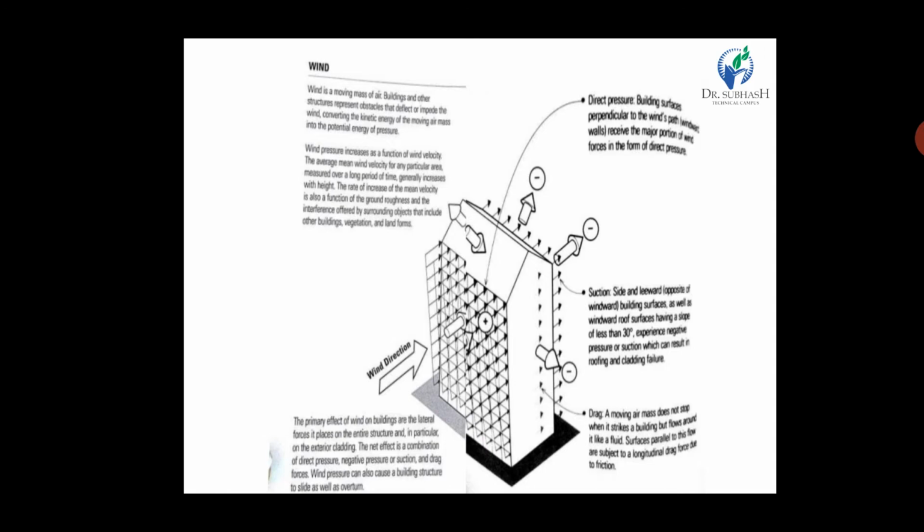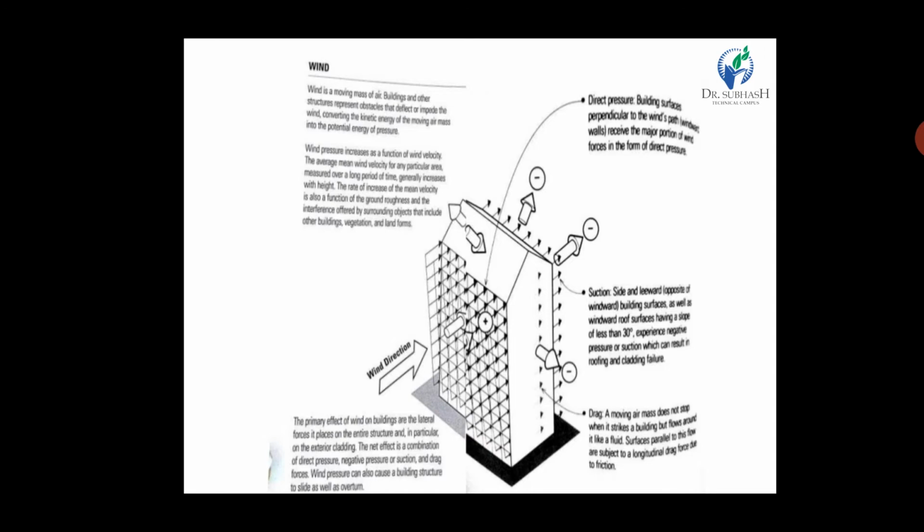As you can see in this figure, the wind direction produces direct pressure on the wall of our building surface, and drag force also acts. These different kinds of pressure are directly proportional to the building and affect our design criteria also.